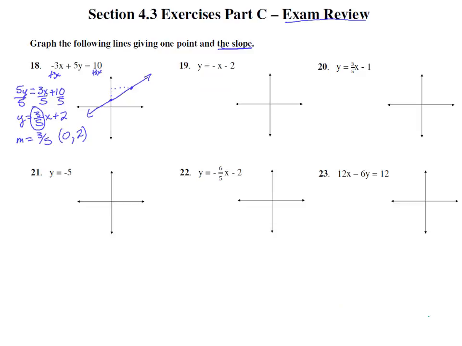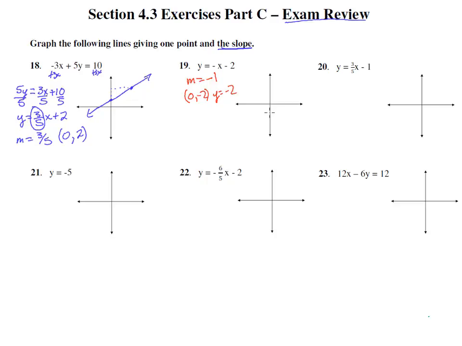Good. Number 19. Y equals negative x minus 2. It's already with y by itself, so the slope is whatever's in front of x, which is a negative 1. It may be helpful to think of that as negative 1 over 1 as the rise over run. Let's find a nice easy point, 0. And if we stick in 0, we get y equals negative 0, which is 0, minus 2 is negative 2.